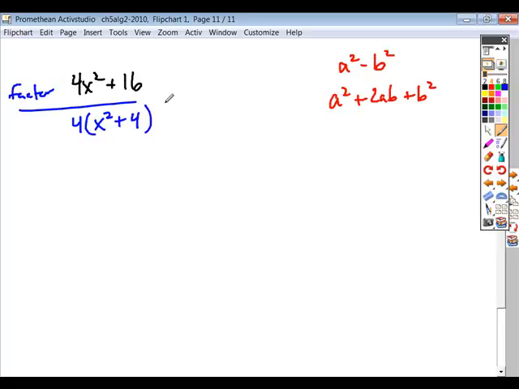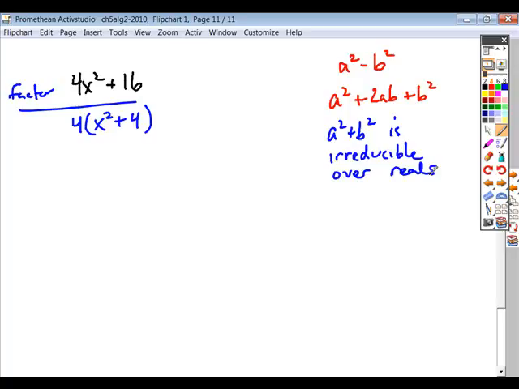And this form, a squared plus b squared, is called irreducible over the reals, meaning in the real number system, you cannot factor this. Now, in the complex or imaginary number system, which we're going to get into later in this chapter, you can find factors of it.